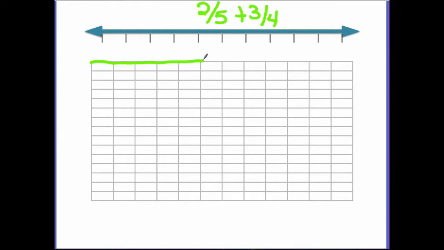And how many down? 4. And how many fractions do I have that I'm adding together? 2. So how many times am I going to do the box? 2 times.